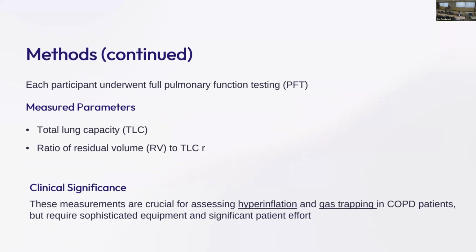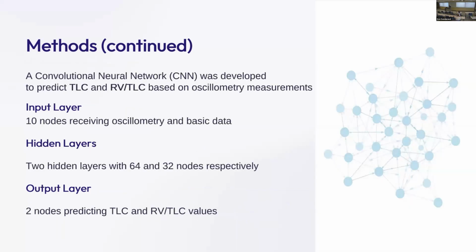Each participant also underwent PFT, and we gathered the total lung capacity, TLC, and the ratio of residual volume to TLC. As I said, hyperinflation and gas trapping can basically be determined by these two parameters, TLC and the ratio of residual volume over TLC.